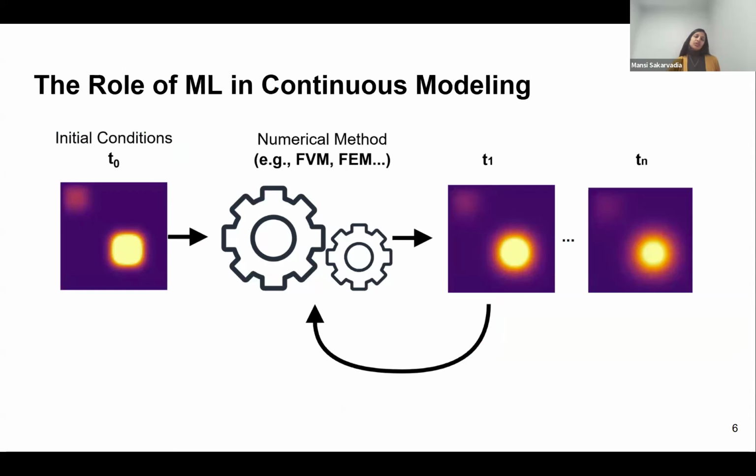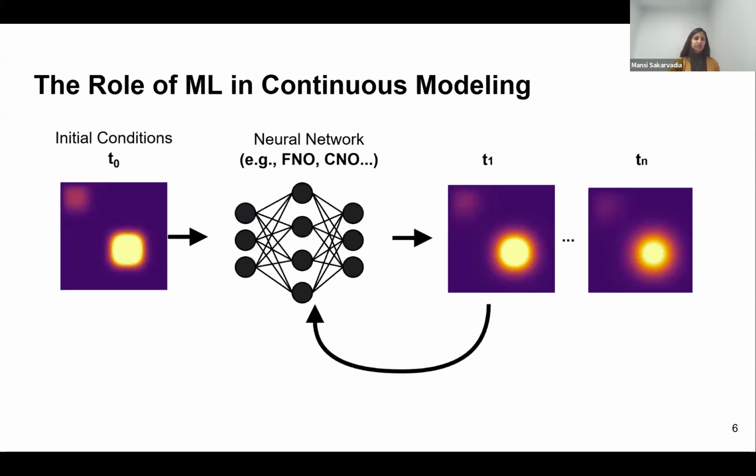And so we know that resolution plays a huge role in accurately modeling scientific systems, and that cost is a key consideration. And because of this, increasingly, typical schemes to mitigate cost, even things like adaptive mesh refinement, can still be very expensive. And so increasingly, we're seeing that machine learning is starting to make its way into these workflows. And so concretely, what is the role of machine learning?